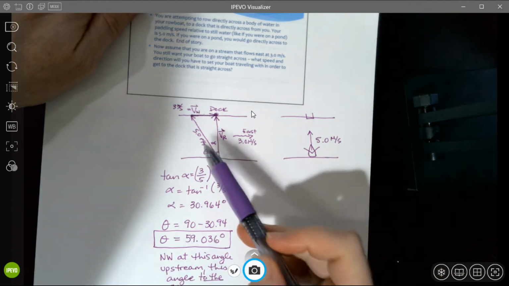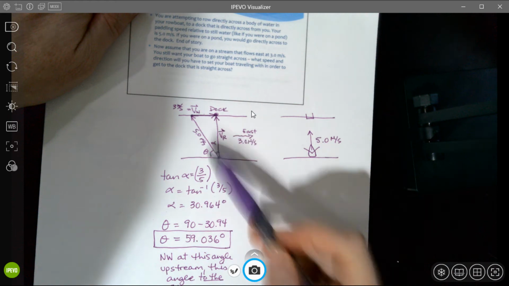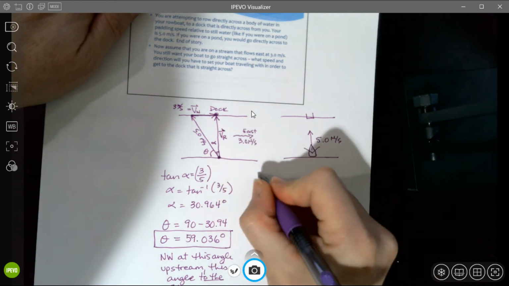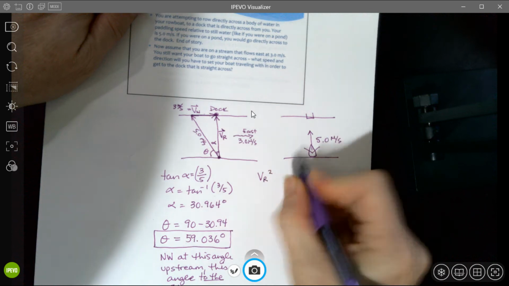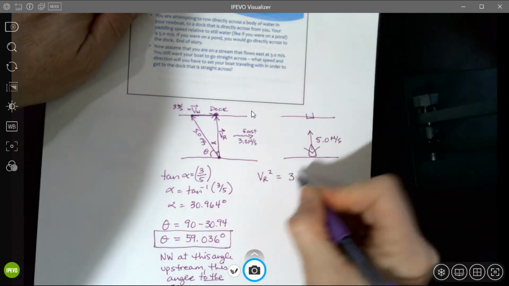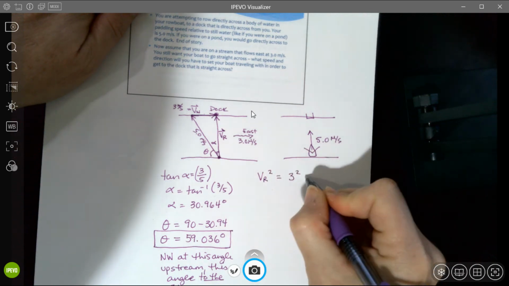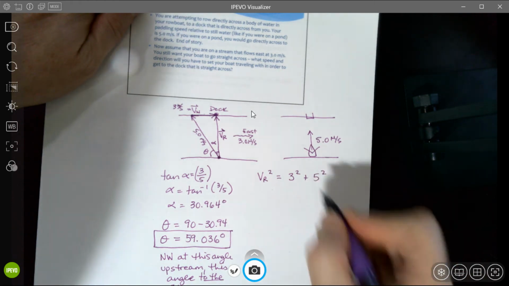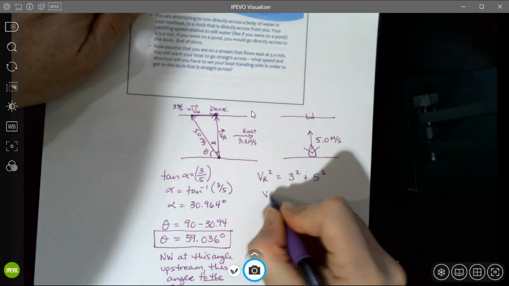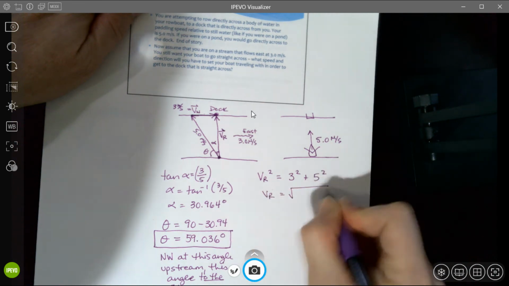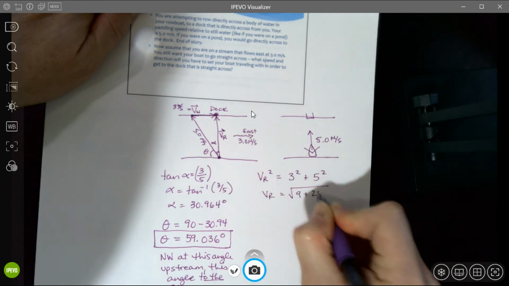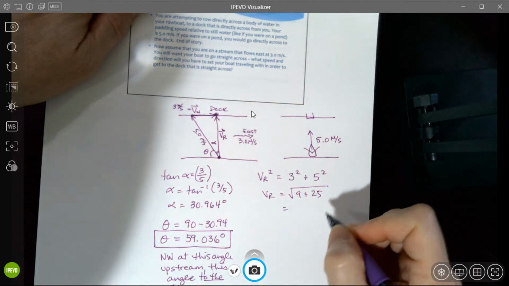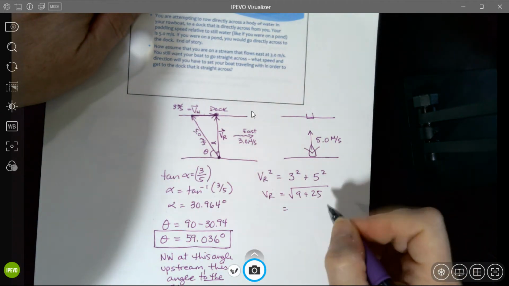Now, how fast am I going to actually be going? So we want to find VR. VR squared equals the water squared plus my rowing speed squared. So VR equals the square root of 9 plus 25. 9 and 25 is 34.